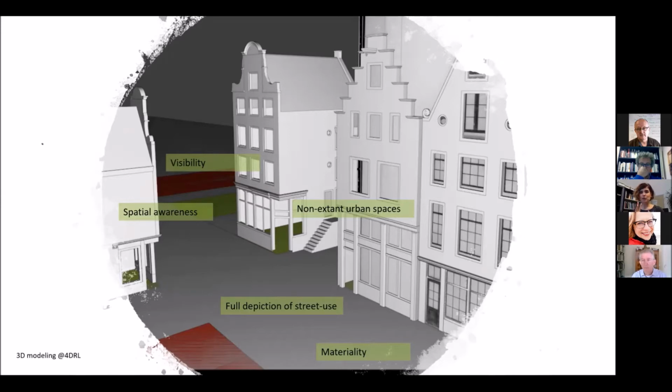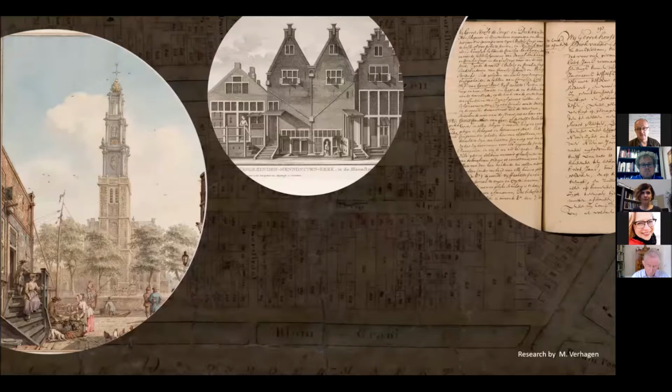In such an approach, we do not consider the buildings and their architectural elements as separators or boundaries between public and private worlds, but rather as dominant mediators contributing to the fluidity of the streetscape as it was experienced by the inhabitants.